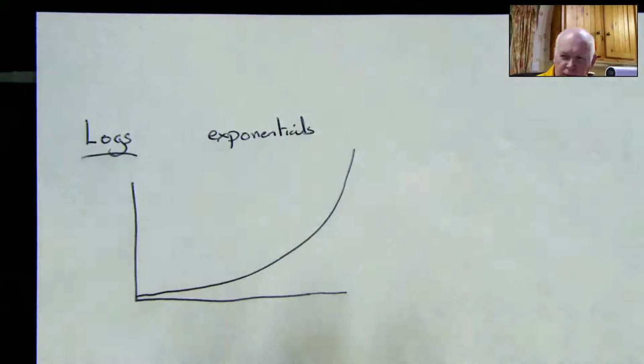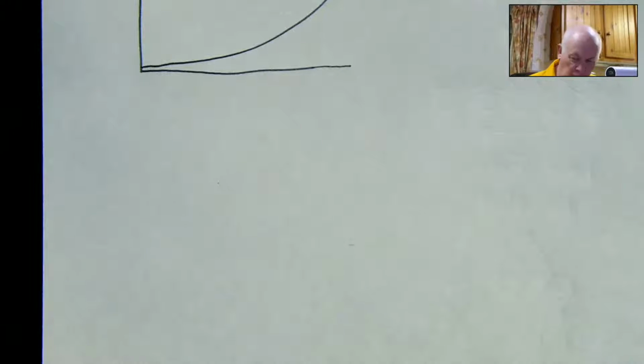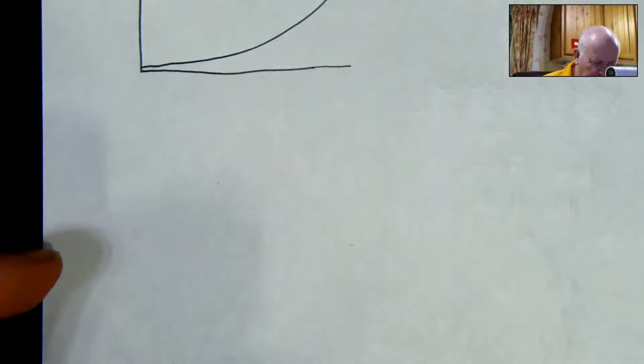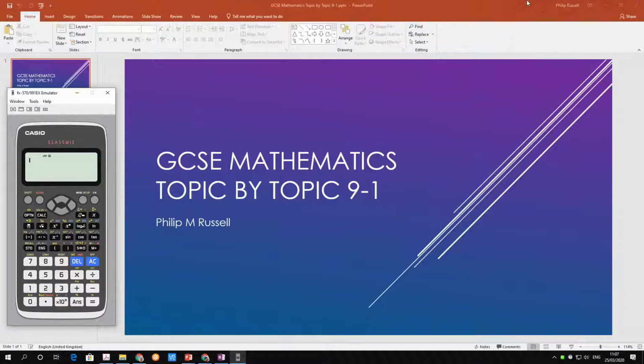So let's have a little look and dive into this a little bit deeper and see what we can find out. So let's have a look at a very simple system about what logs are and what we can do with them. So let's have a look at something really simple.